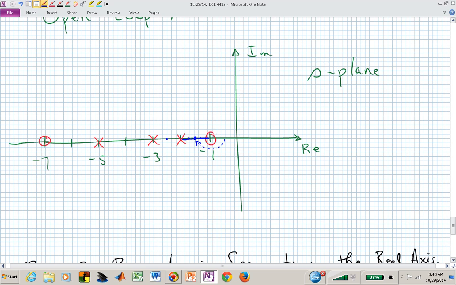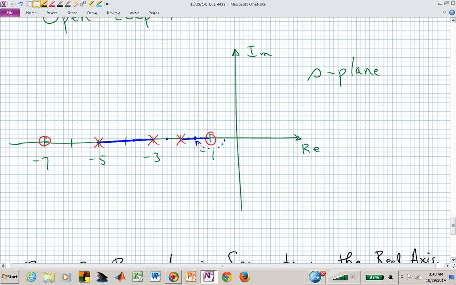What about this point here? -3.8, or minus 4, or minus 4.5. It's all going to see the same number of poles and zeros to the right. Is that clear? And it's odd, so this segment belongs to the root locus.